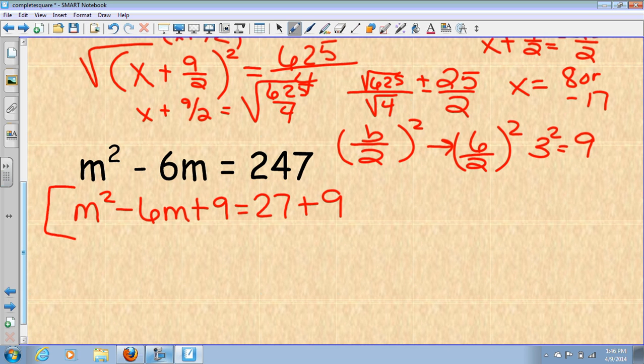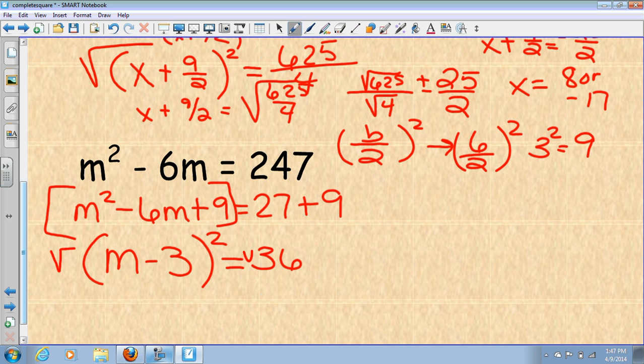Factor this guy. It becomes m minus 3 squared equals 27 plus 9, 36. Okay? Square root, m minus 3 equals positive or negative 6.